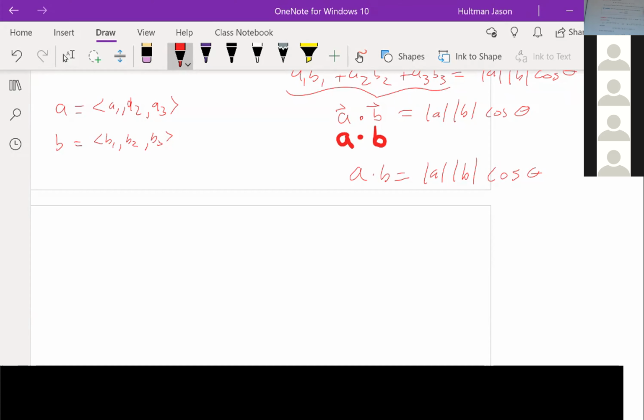They can put it in bold every time to make it a vector. You're just going to have to assume that these are vectors when I write them out. They're in bold typeface, but I'm not going to write in bold typeface every single time. Does that make sense?